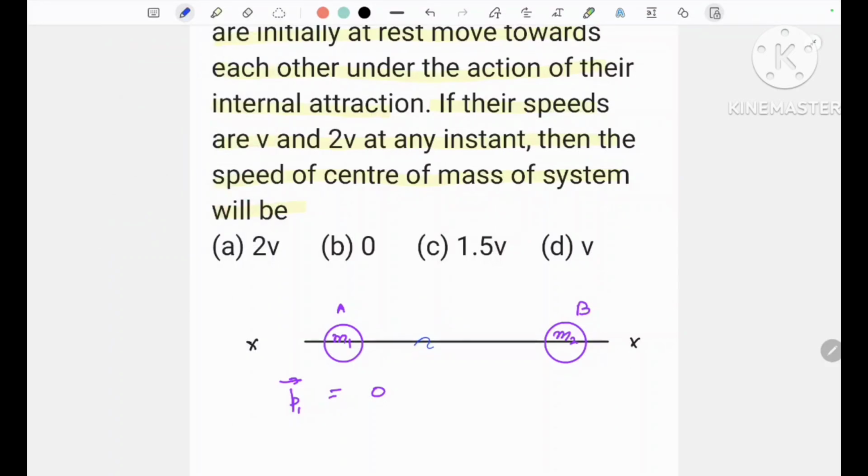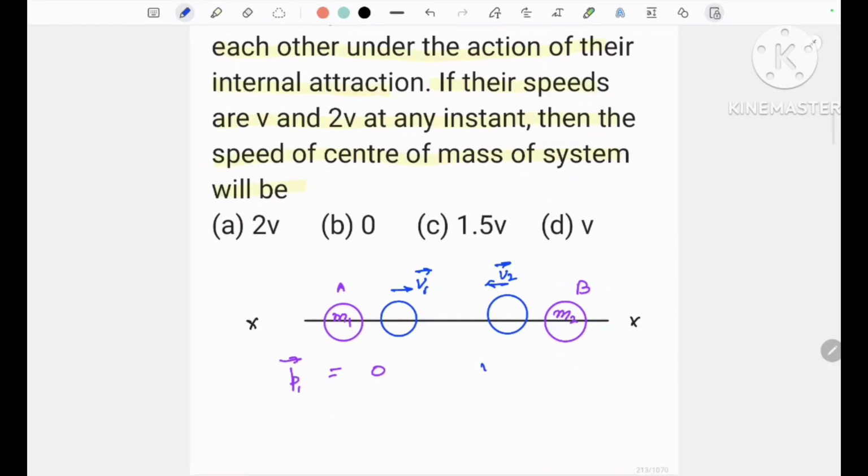After some time, due to their mutual attraction, A's velocity becomes v1 and B's velocity is v2. v1 vector is equal to v i cap and v2 vector is minus 2v i cap.